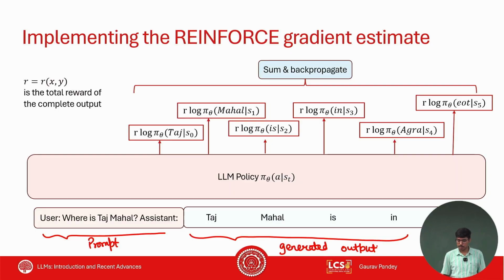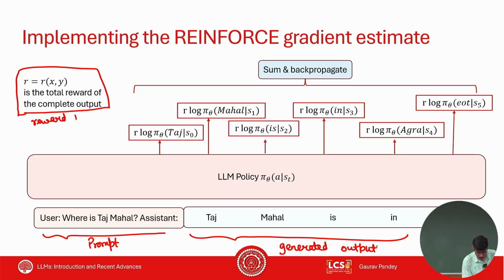You will sum these up and multiply them with the total reward of the output. This includes the reward that comes from the reward model and the reward that comes from the negative beta KL. Then you will backpropagate, and that will give you the REINFORCE gradient estimate.